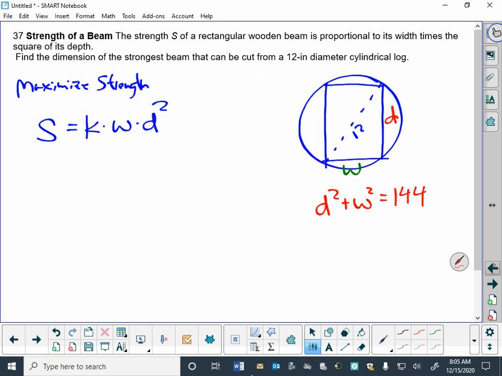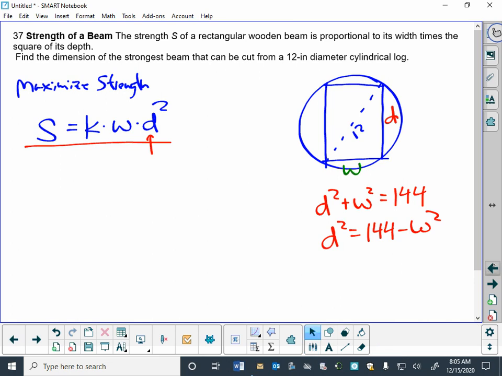This is the equation over here that I want to maximize. Too many variables. The k is not a variable. But I could solve this for d squared. It says d squared is 144 minus w squared. I could solve that for d, but I've got a d squared waiting in this equation anyway.